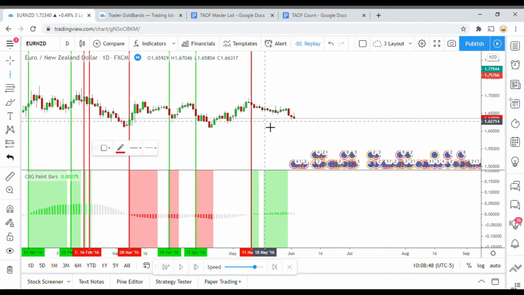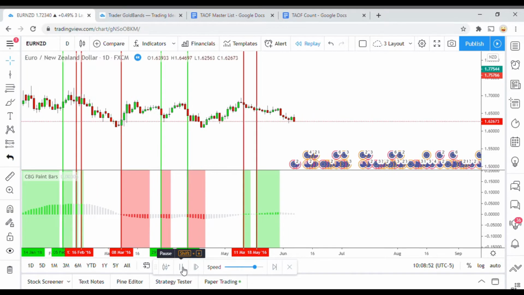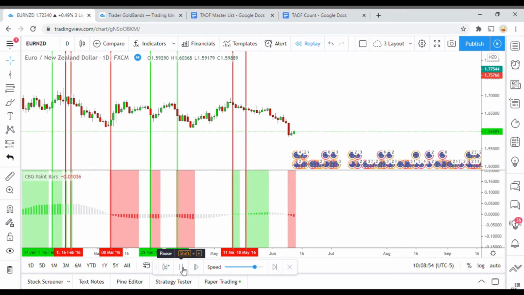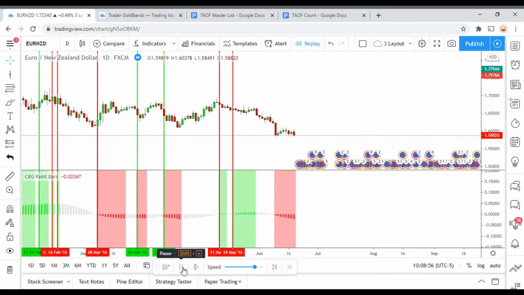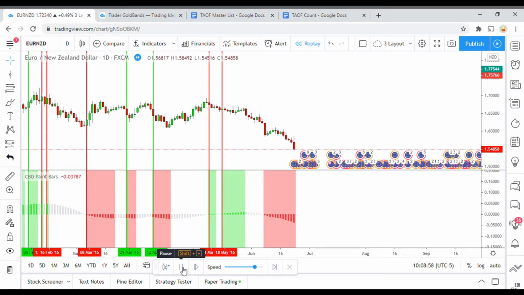It does appear to lag quite a bit, and so that could be problematic in the long run.